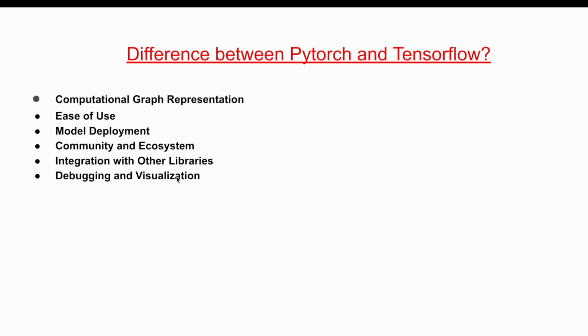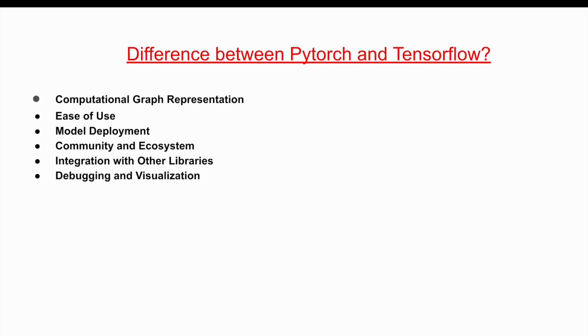And another way I wanted to look at the differences between TensorFlow and PyTorch is with regards to debugging and visualization. TensorFlow offers built-in tools for debugging and visualization, such as TensorBoard, which provides interactive visualization of training metrics and computational graphs.